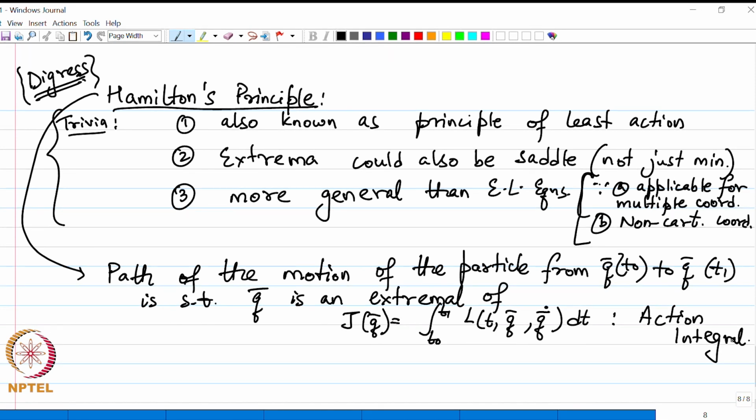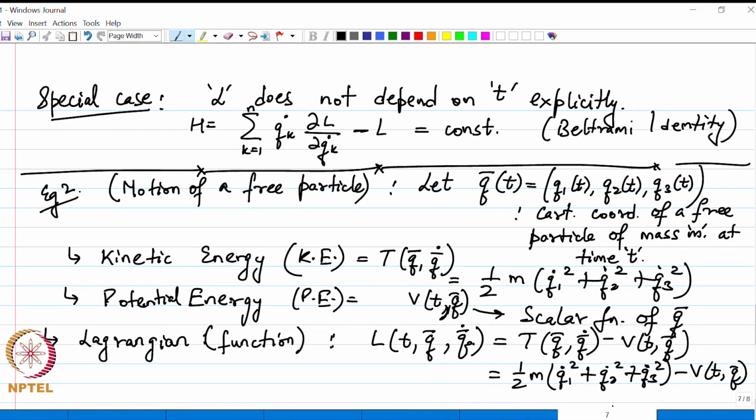So, Hamilton's principle is nothing but the Euler Lagrange equation stated in the words of physics, right. So, essentially this is the Euler Lagrange equation. Okay. So, moving on, let us go back to the previous slide. So, we are going to find the extremum for the motion of the free particle.